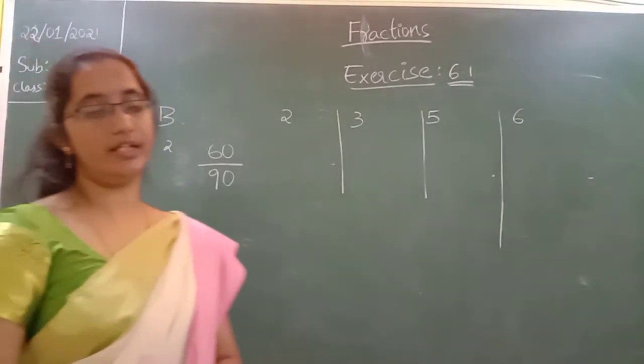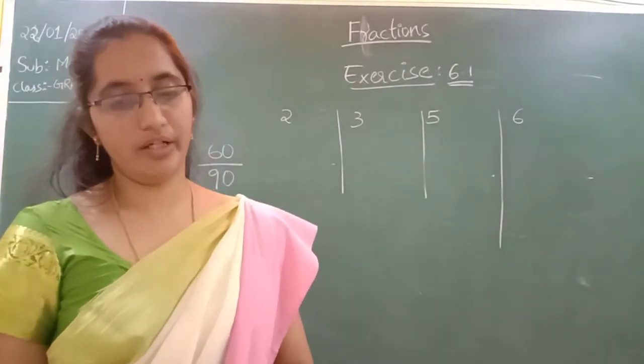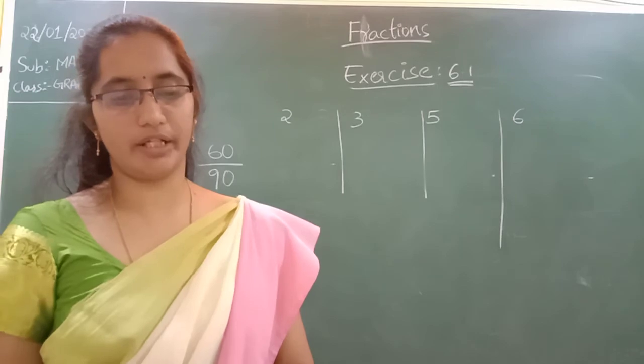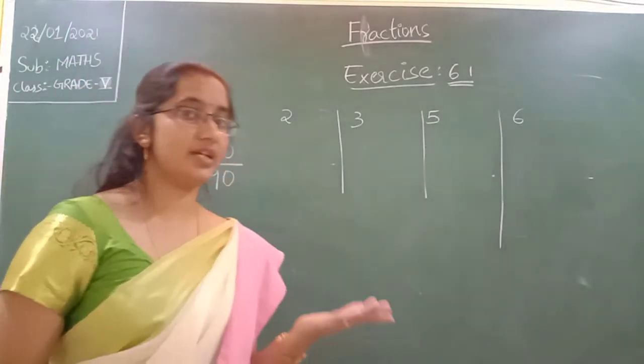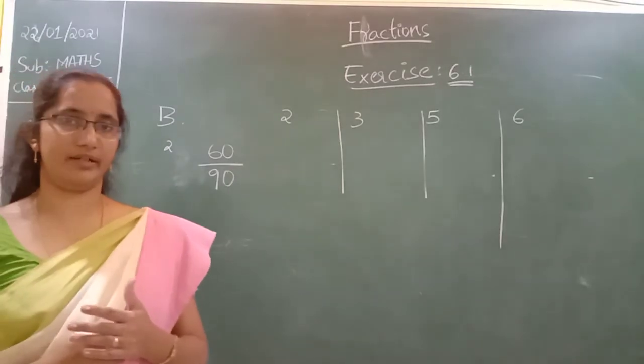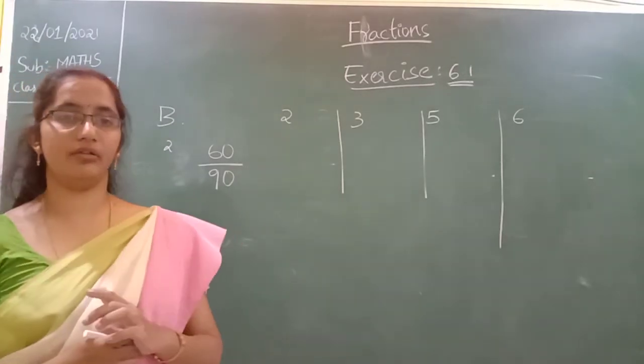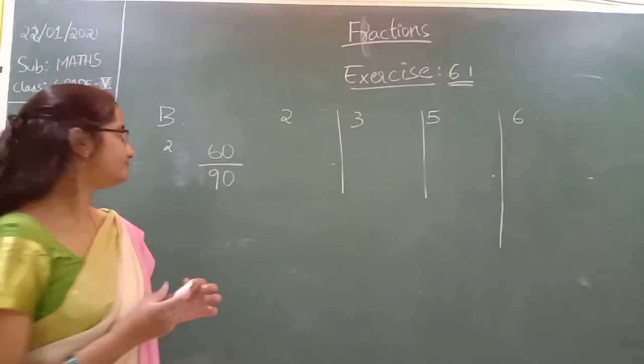Now what did they say in table 3? Divide numerator and denominator by 2, 3, 5, 6. In the previous table we multiplied. Now we have divided.